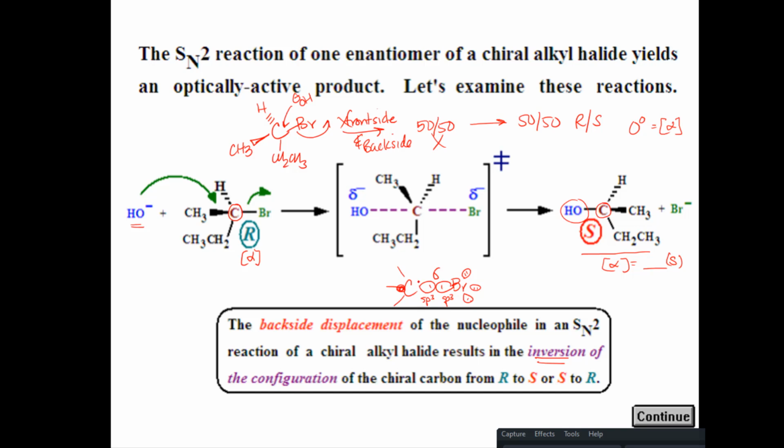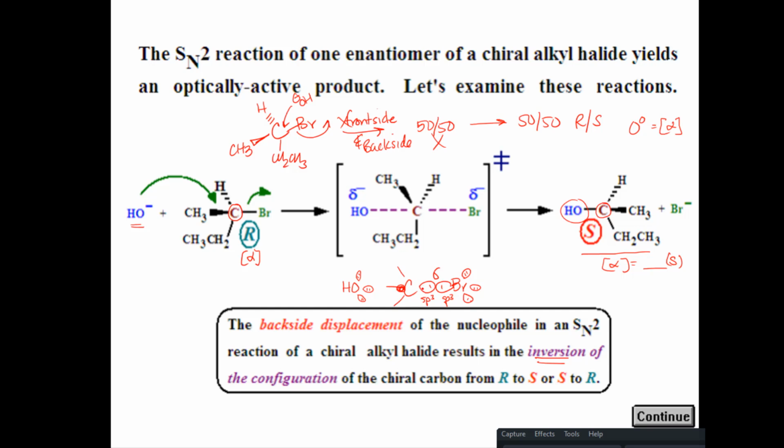We're not going to ignore it in this case, because here's what happens. The hydroxide comes in, and that hydroxide, of course, is sp3 hybridized. And so the way we form bonds is by overlapping orbitals.